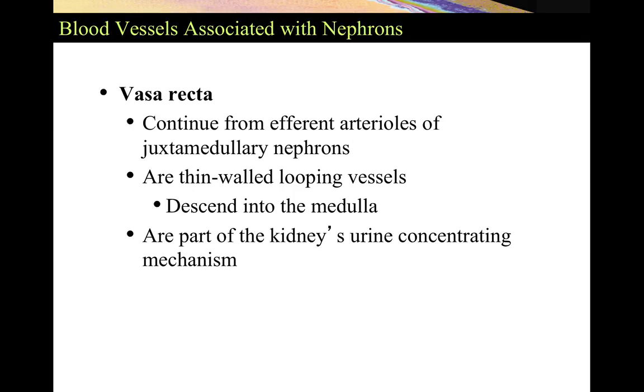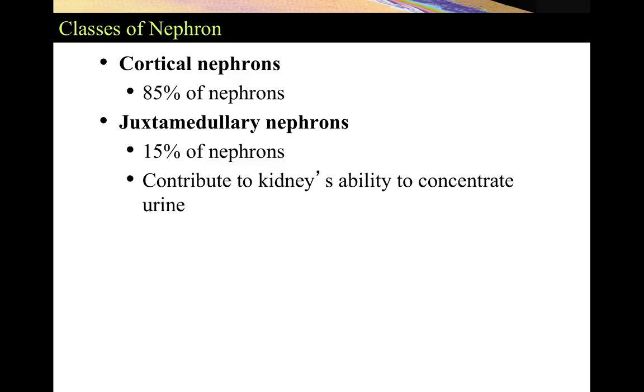I'm going to finish this PowerPoint by going over the two types of nephrons present inside your body, and based on that, we're going to categorize the peritubular capillaries and vasa recta to each of these classes of nephron.